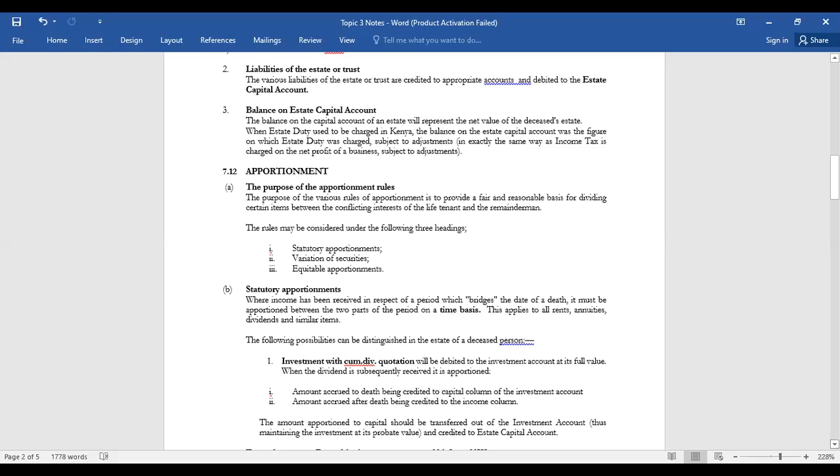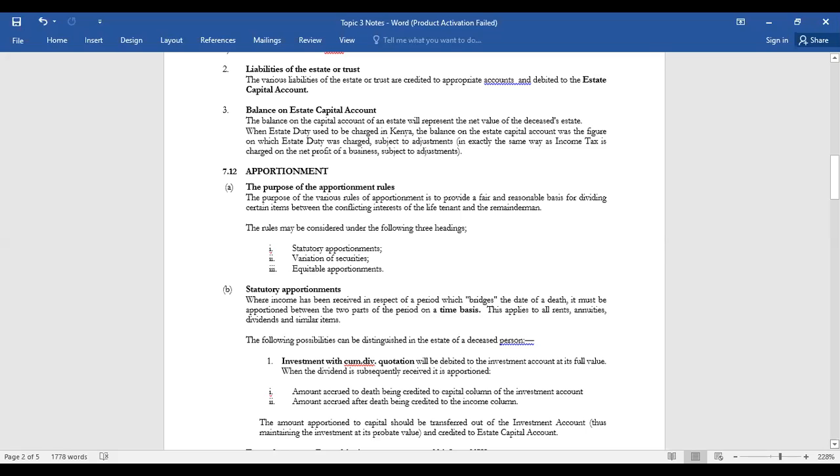And then we have the amount accrued after death, which is credited in the income column. We have two columns. We've said we can either prepare separate accounts or we just assume one account and instead have the different columns. So the amount apportioned to capital should be transferred out of the investment account, maintaining the investment at its probate value.